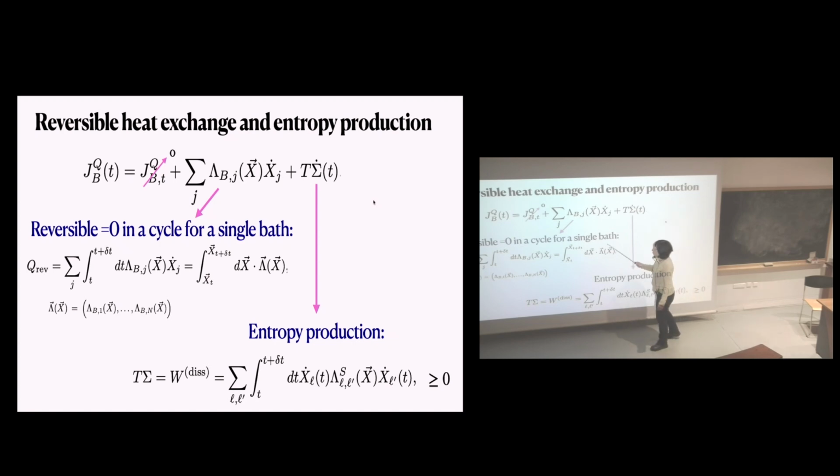So we can define this vector given the different adiabatic coefficients and express the heat in this way, which precisely tells us that this is a reversible process.